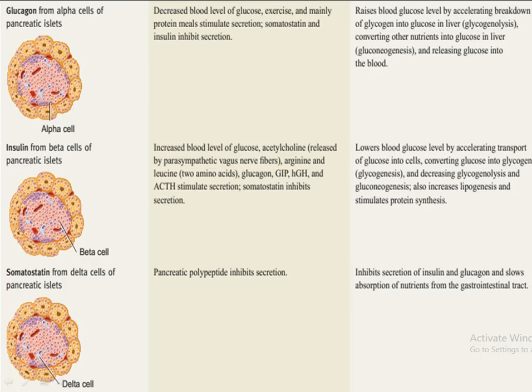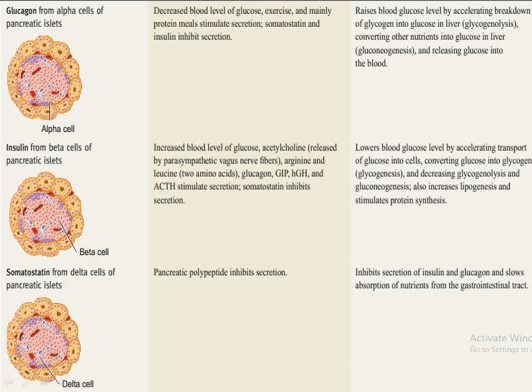Right over here, glycogen will be formed, and glycogenolysis, that is the breakdown of glycogen into glucose, will be substantially decreased, and gluconeogenesis will be decreased, that is the formation of glucose from sources other than glycogen. It also increases lipogenesis and stimulates the synthesis of protein.